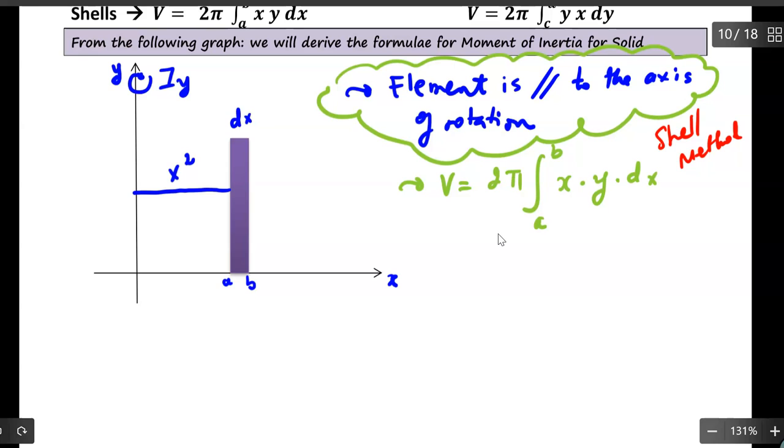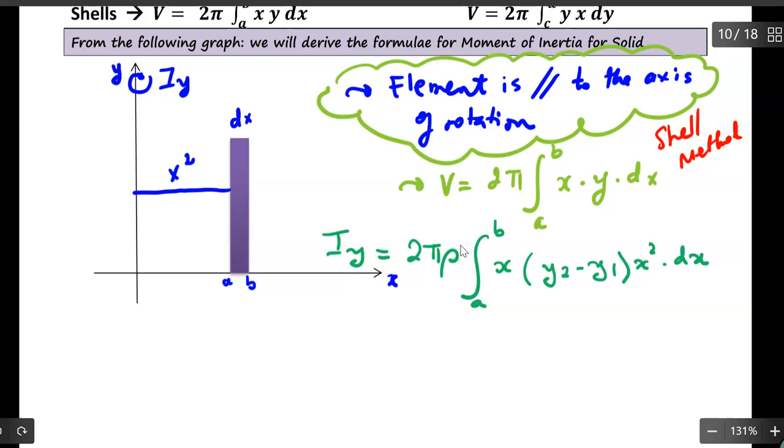Now, let me substitute it into the formulas for everyone to see. So Iy is now equal to, because you have the 2 pi here, 2 pi rho. So now you know why you are having 2 pi times rho. The integral from a to b, and I'm going to take x, and y in this case will be my y2 minus y1, times x squared times dx.